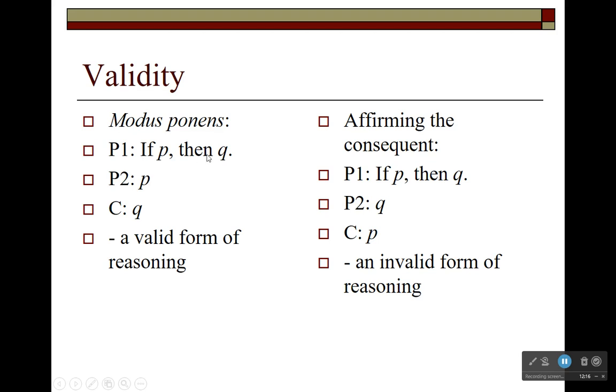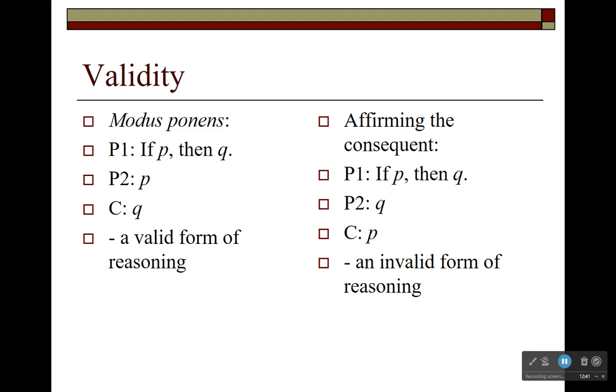So P and Q are just variables. You could substitute any statement for those variables, and the argument would still be valid, because modus ponens is a valid form of reasoning. Now, of course, the statements that you substitute for P and Q might not be true. But as I said a moment ago, you can still reason correctly on the basis of information that isn't true.